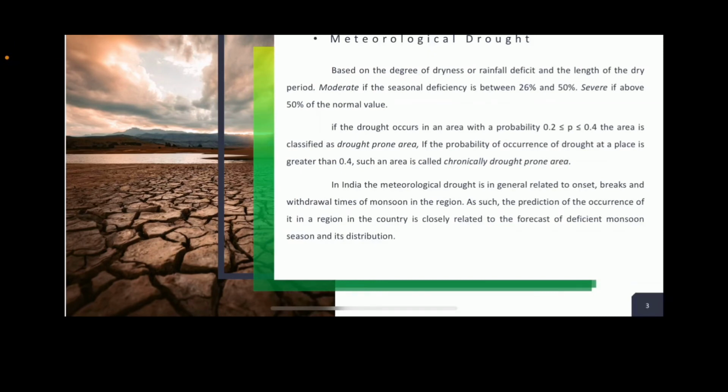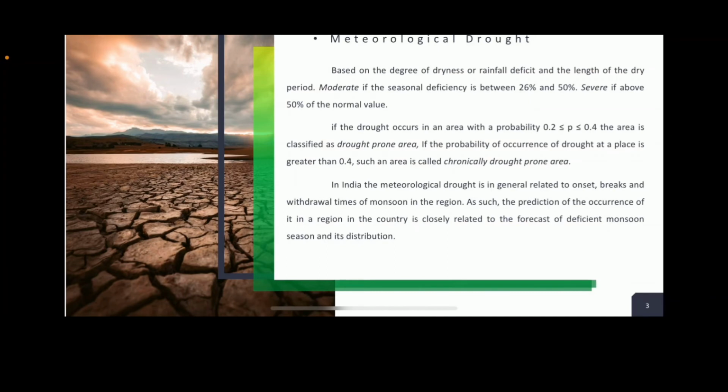If the drought occurs in an area with a probability P greater than or equal to 0.2 and less than or equal to 0.4, the area is classified as a drought-prone area. If the probability of occurrence of drought at a place is greater than 0.4, such an area is called a chronically drought-prone area.